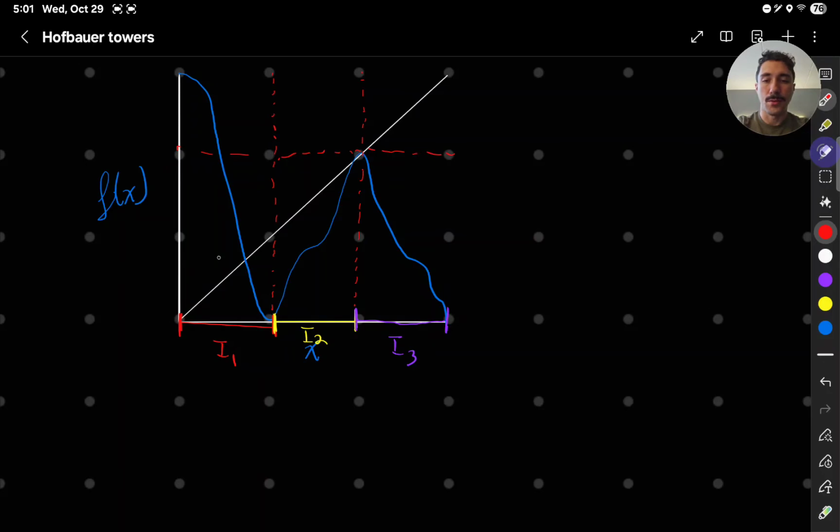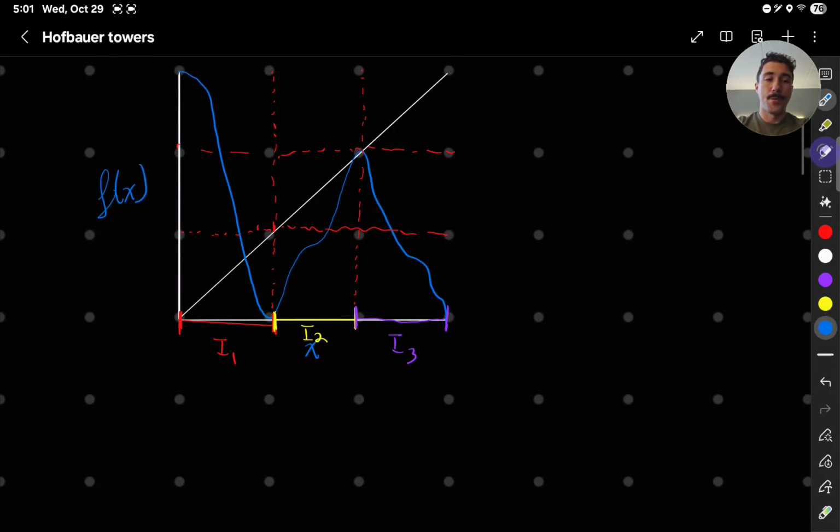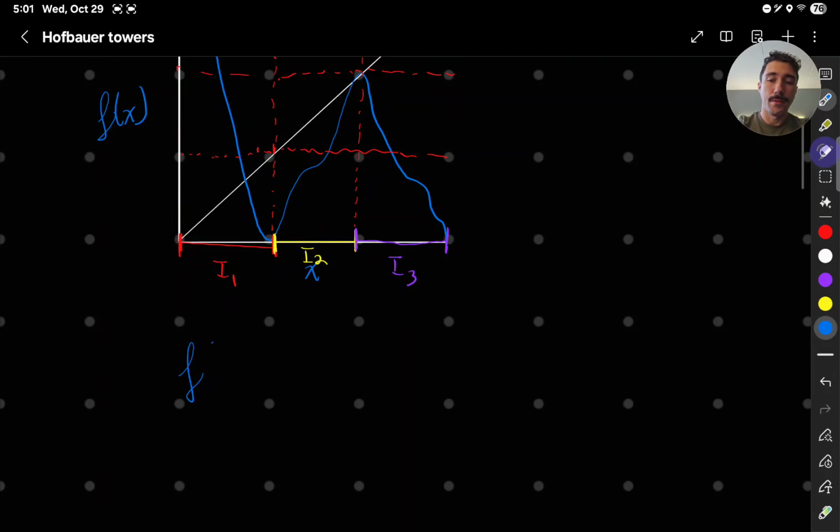So I can partition the codomain by the critical points as well. Now, you can see that lap 1 maps onto all 3 of the laps. So what I could say is f of I1 is I1 union I2 union I3.